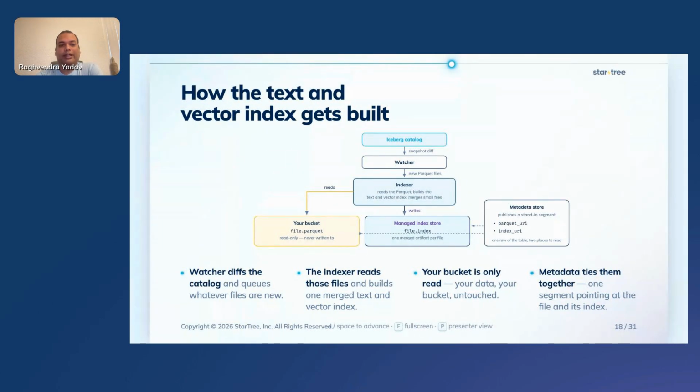Just to reiterate, the watcher finds the diff in the catalog and enumerates the differential data set. The indexers start building the indexes on that data set, and metadata is what ties them together, which enables pruning and building statistics for filtering and other purposes on this data set.